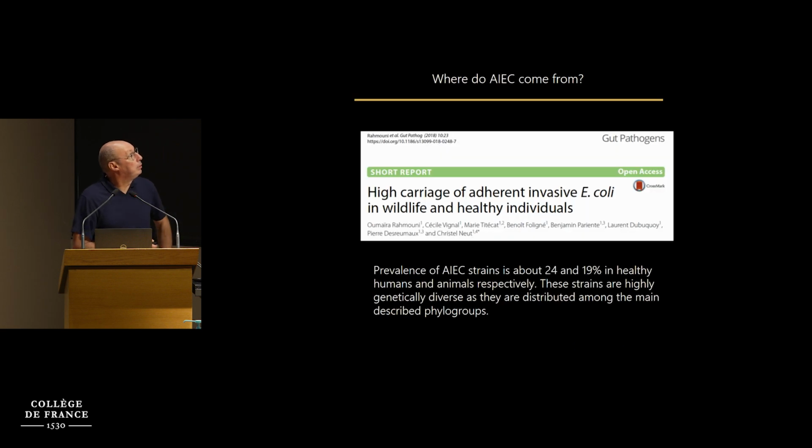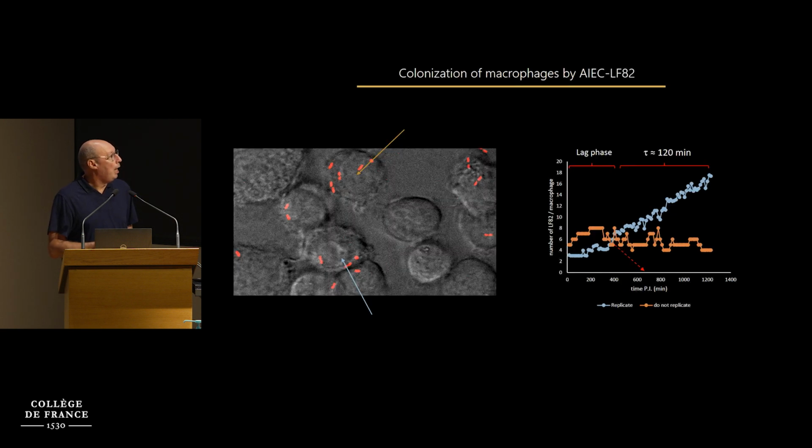So this is to illustrate the diversity. So where do these AIEC come from? Apparently, they are commensal bacteria that just benefit from the disease to become more pathogenic. They can be found in healthy individuals and animals.